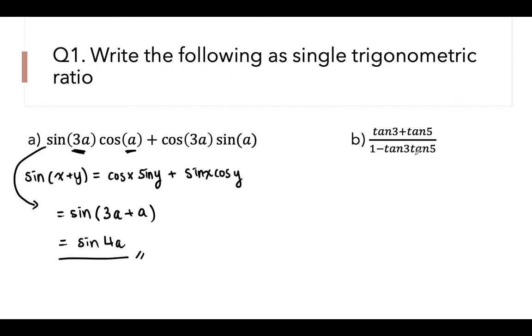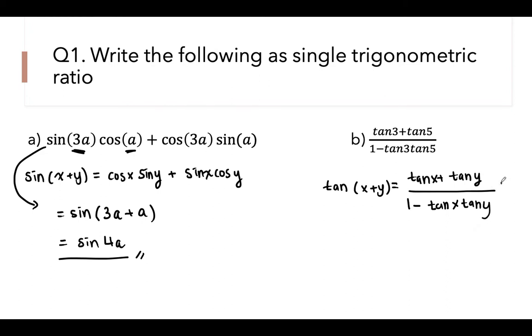Next, take a look at the equation, and you will notice that it contains tangent. So it must be a tangent compound formula, and you will notice that the numerator is positive. If it's positive, the standard formula must be tangent of x plus y. So it will be tangent x plus tangent y over 1 minus tangent x times tangent y.